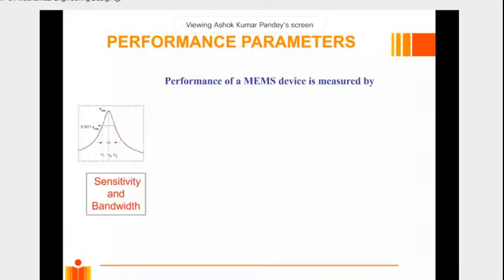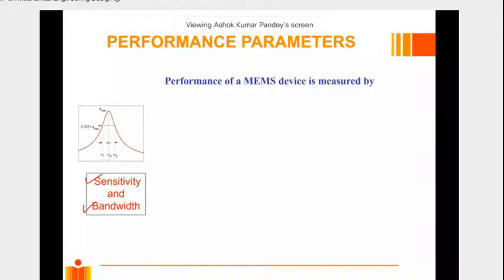When we talk about MEMS devices, their sensitivity and the bandwidth are two very important things, because bandwidth tells to what extent my structure can work. Sensitivity means how small a measurement you can do.